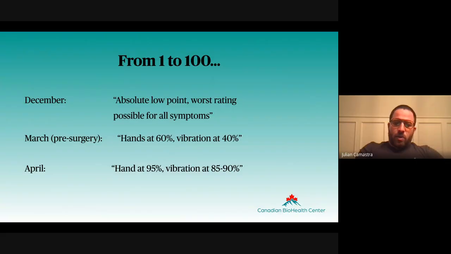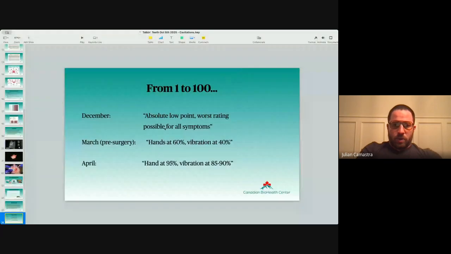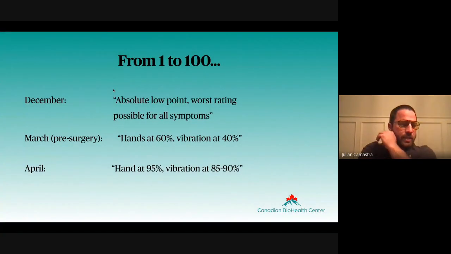December was her lowest point, and she would give herself the worst rating for all possible symptoms. And then March, she was 60% better through lifestyle, right? And that vibration that she felt was 40% out of 100.